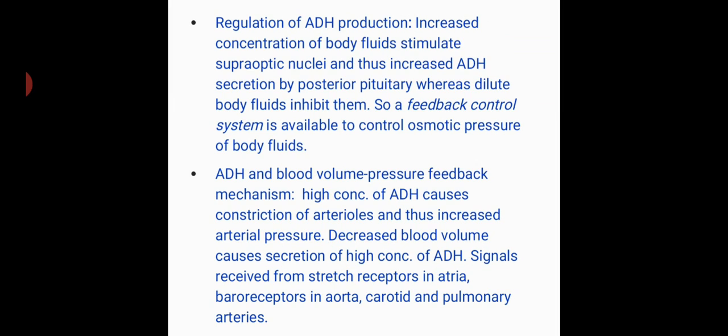If the volume of blood decreases drastically in our body, say 15 to 25% or more, a large quantity of ADH is secreted by the posterior pituitary, which causes constriction of arterioles and so an increase in arterial pressure. Therefore, ADH is also known as vasopressin.